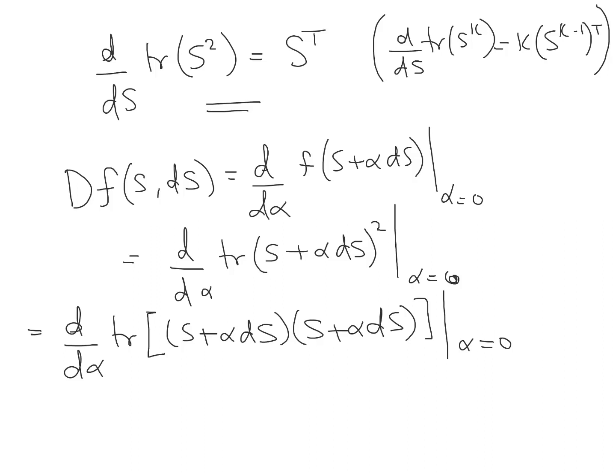We differentiate the first one and keep the second one, then keep the first one and differentiate the second one. If we do that, what we'll have is trace of: if we differentiate the first one with respect to alpha, you have ds, keep the second term, then keep the first term and differentiate the second term.